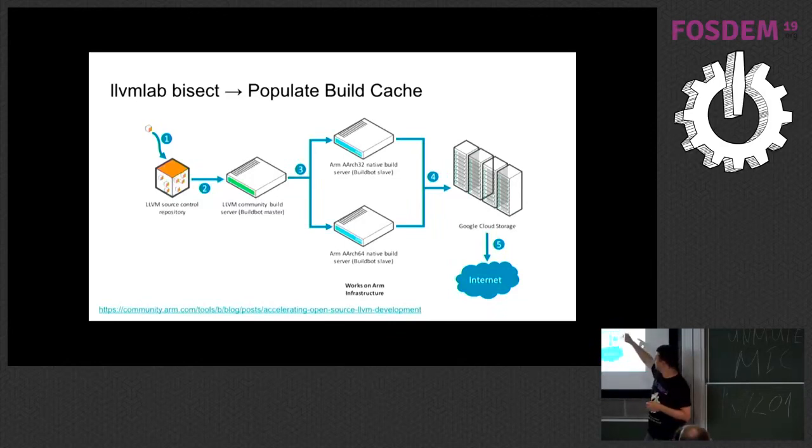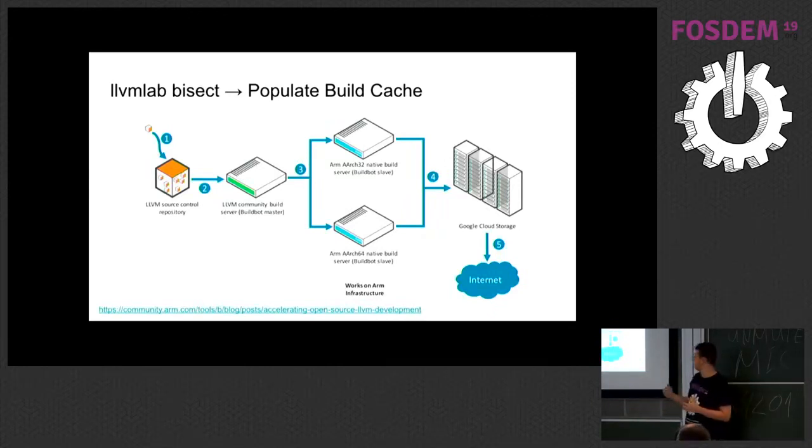So there is one native AArch32 and one AArch64 builder that will upload the binaries and packages to Google Cloud Storage, where they will be available. As I said, this works very often, each 2 minutes it polls the repository. And it's important for us to have these packages being created quite quickly. So we got 2 very beefy ARM machines, and we can complete this process and have, from a given commit to the build cache, the packages in 16 minutes, more or less.